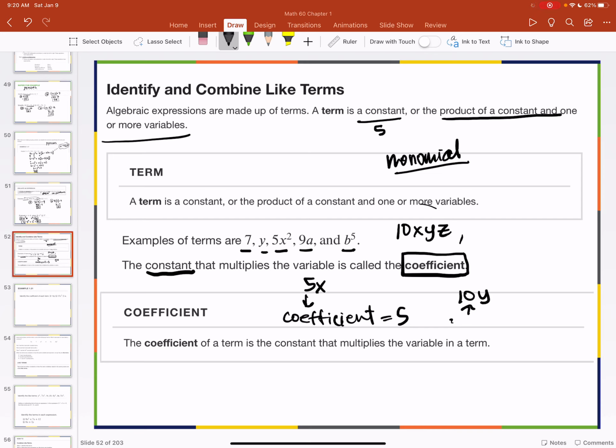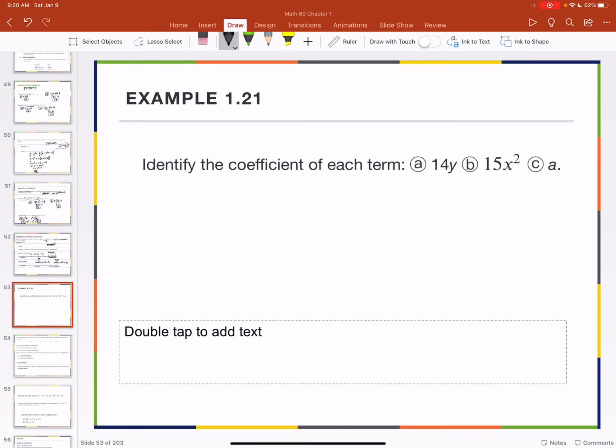What's your coefficient? Your coefficient is 10 only. When I say what's the coefficient, that means what's the number that's in front of the term, okay? How many of that variable are there? So again, coefficient is the constant or the number that multiplies the letter, okay?